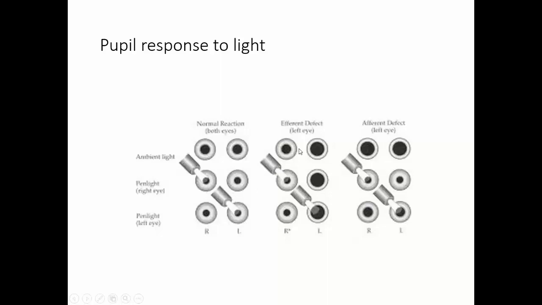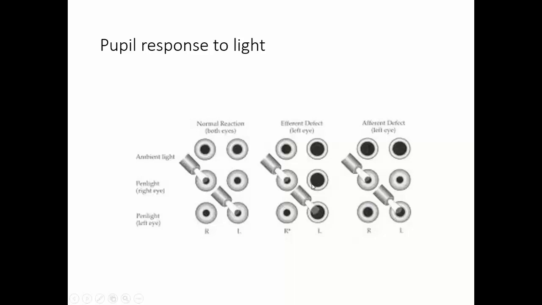This person who has an efferent pupillary defect has anisocoria, meaning that in the ambient light, one pupil is larger than the other. In this case, it's the left pupil. So when you shine a light to the right side, you get a full constriction of the right side, but the left eye remains dilated.